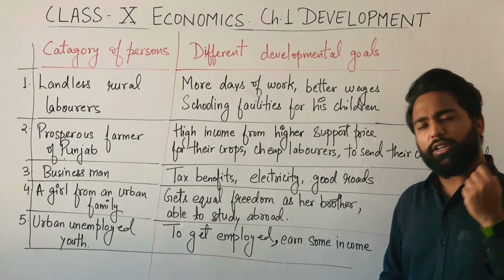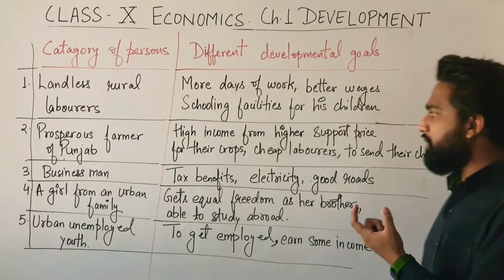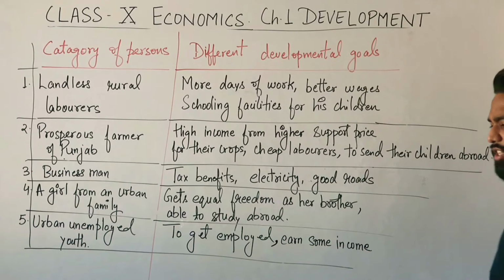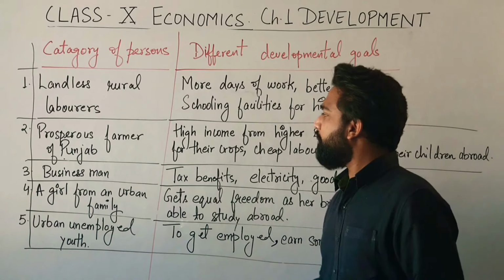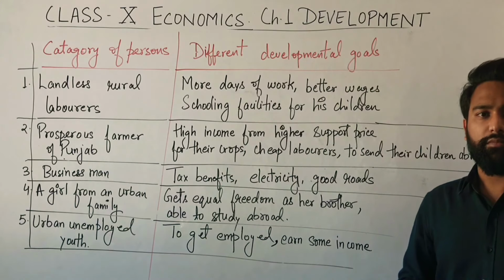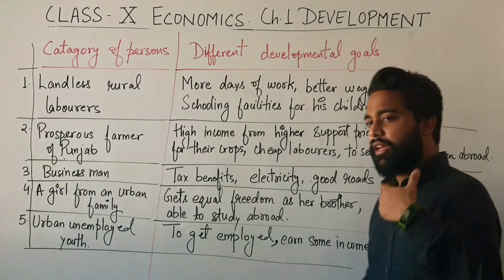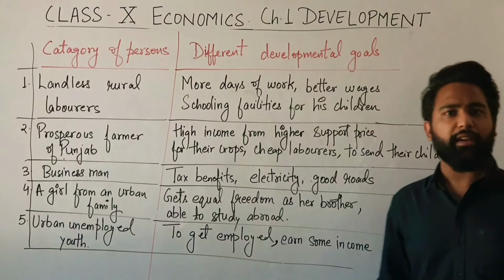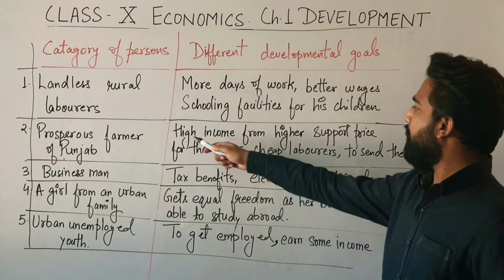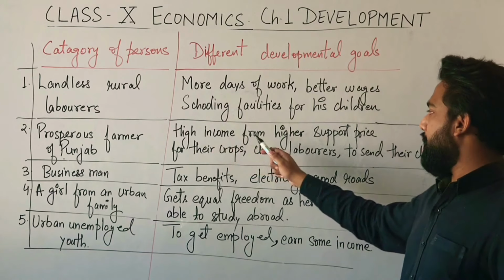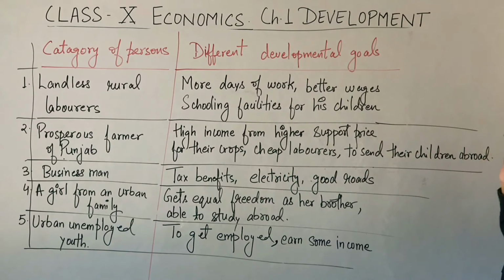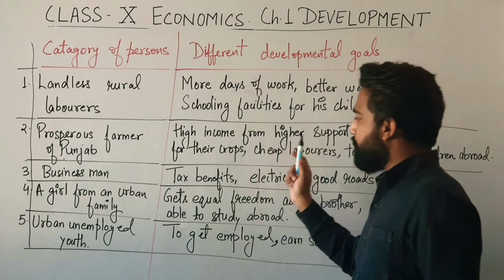What do these rich farmers seek? They seek high income. If they are earning high income, then their aim will be to earn even more. Therefore, their developmental goal will be high income from higher support prices for their crops.